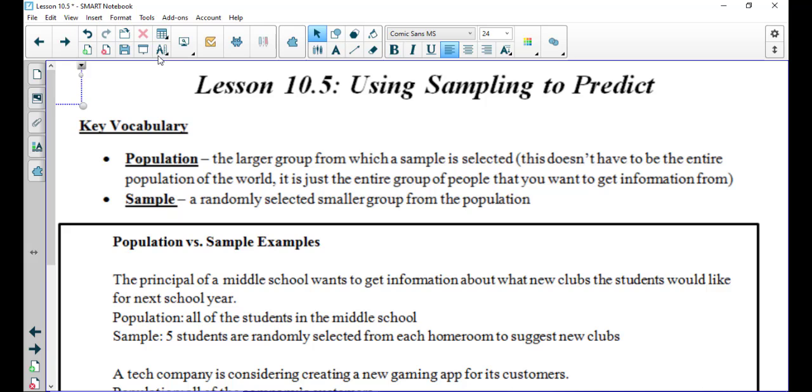This is often done especially around the time of elections, where we might be looking at a small sample of people who are going to vote, or voters, to try to guess what the outcome of the election is going to be. We sometimes do this if we want to come up with activities, let's say for a PBIS reward day. These would be things where we might just be looking at a sample of students to make predictions or to make decisions for the larger group or the larger population.